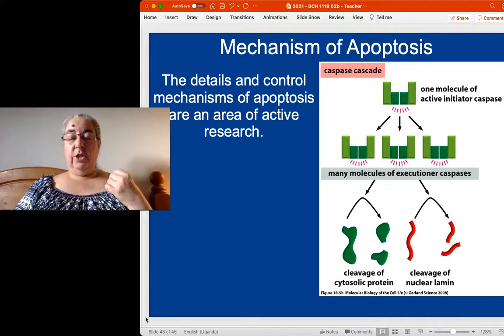If I bring us to current news, when a virus like the COVID virus enters and invades a cell, one of the ways that an infection like that can be dealt with is by killing the cells that have taken up that virus and stopping the virus reproducing.